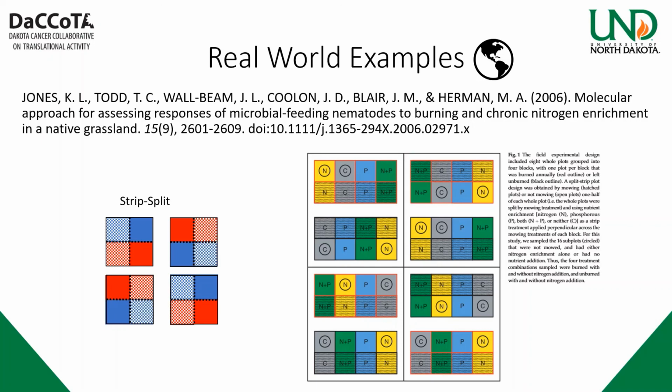But then they also have mowed and unmowed, shown by clear or lined. And finally, with the red or the black, they have burned and unburned. So when you're creating a random statement in, say, SAS, you'd have to block it by which of these 8 blocks it came from, which color, and then what shading, because they've randomized it to account for variation found across the landscape.